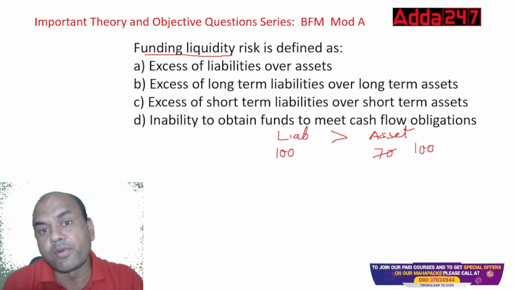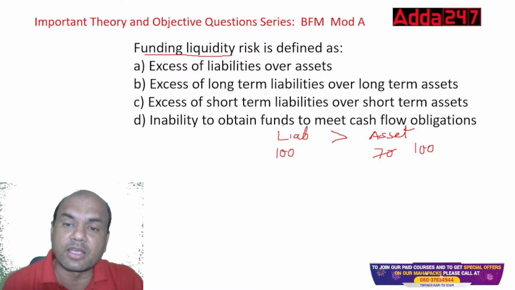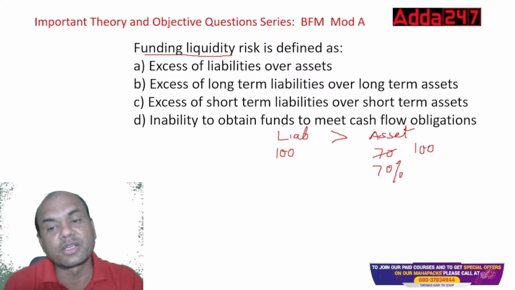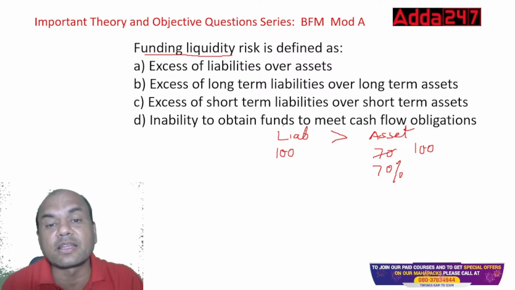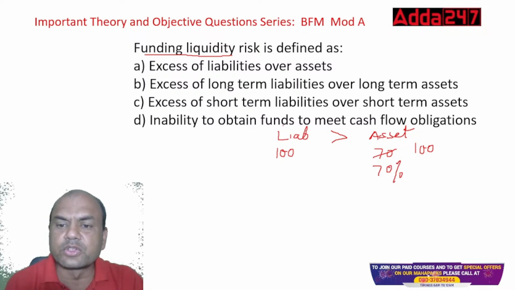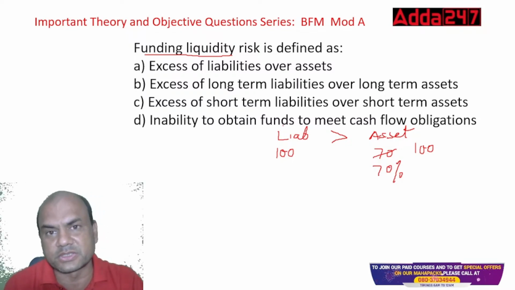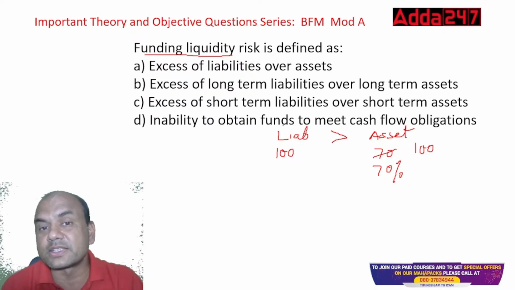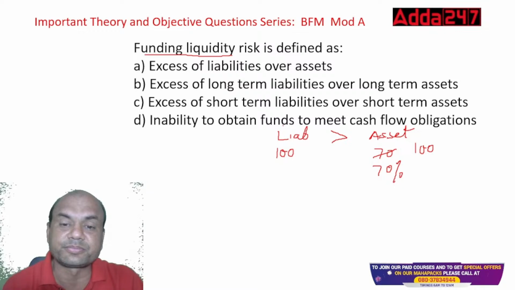No. RBI has set the norm that assets will always be lesser than your liabilities. Basically loans will always be lesser than your deposits. Of course, the ratio is matched so that the NII is not affected much.